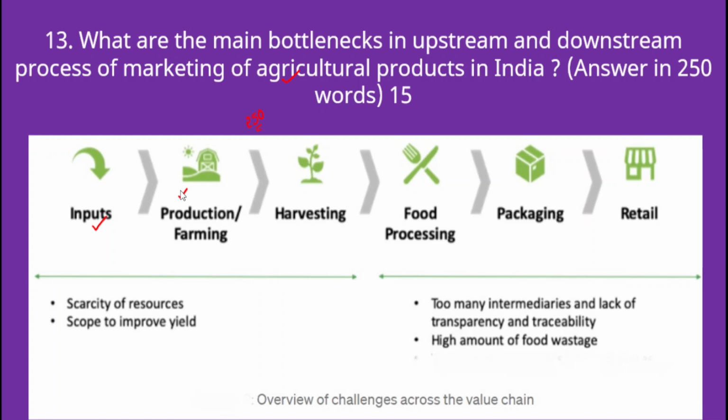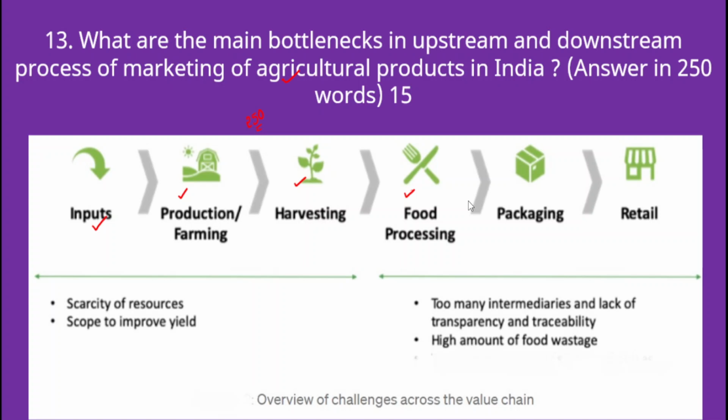Now after we have all the inputs, we talk about farming, and later stage is harvesting, and then food processing, packaging and retail. So this is in a nutshell the total agriculture supply chain. Now this supply chain involves downstream as well as upstream linkages of the agriculture produce.